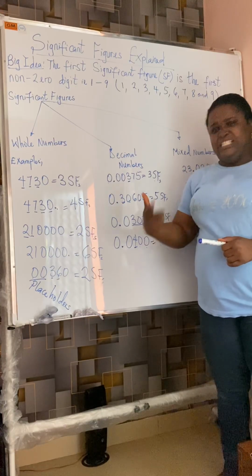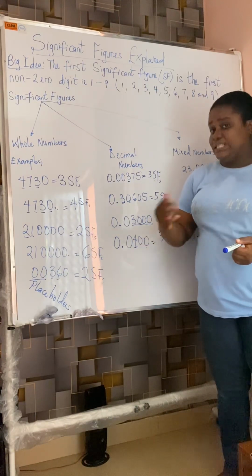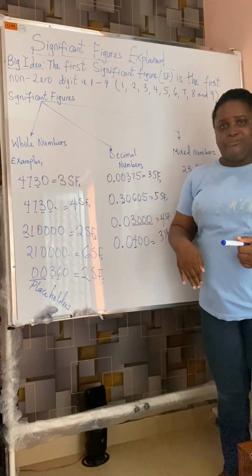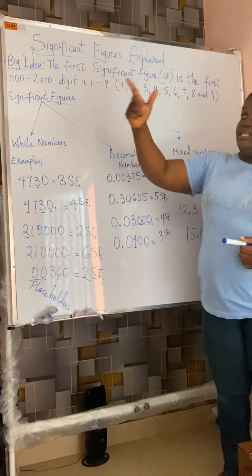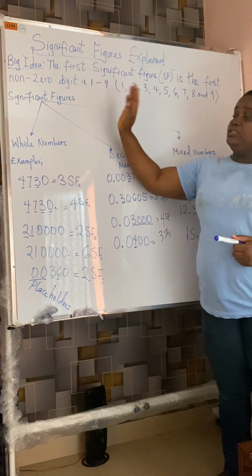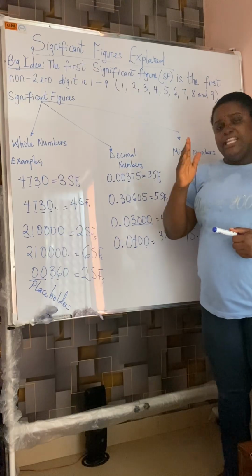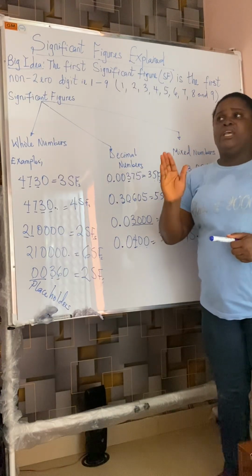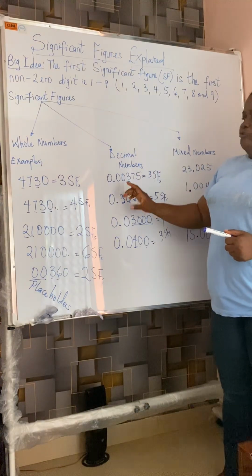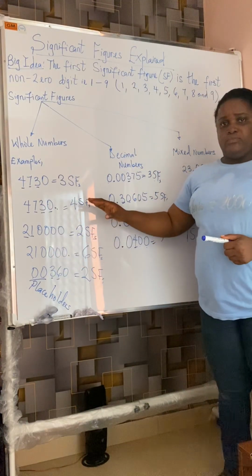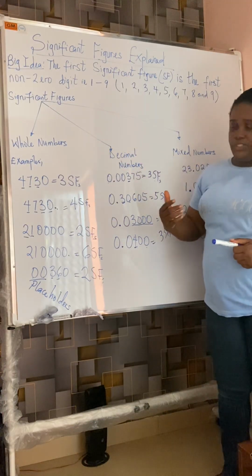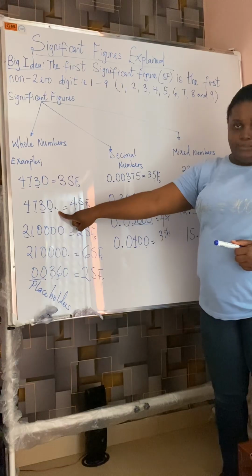Not every digit in a number set is significant. So how do you know how many of the figures are significant? Remember the big idea that the first significant figure is the first non-zero digit. Anywhere you see your first non-zero, anything after it is significant. But where you have whole numbers with zeros attached after a non-zero, watch at the unit point.